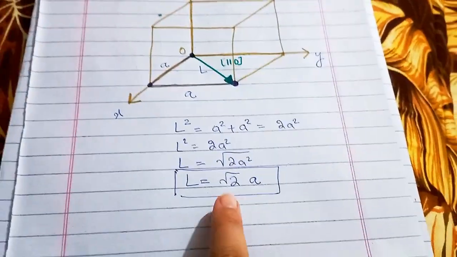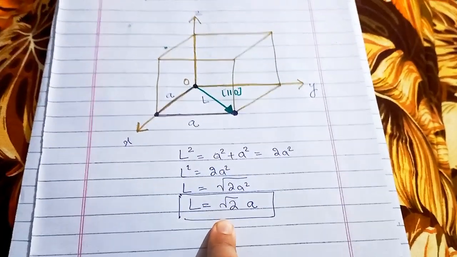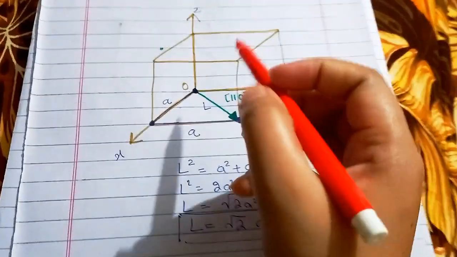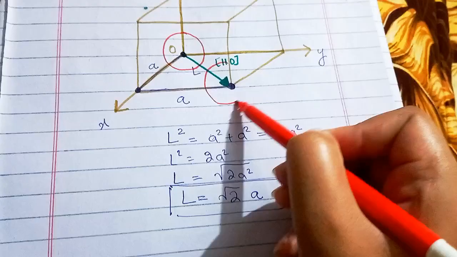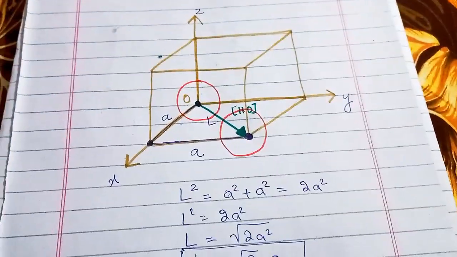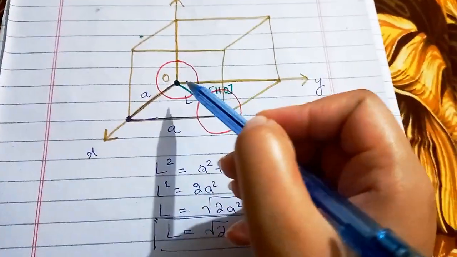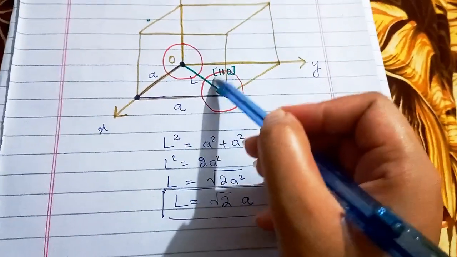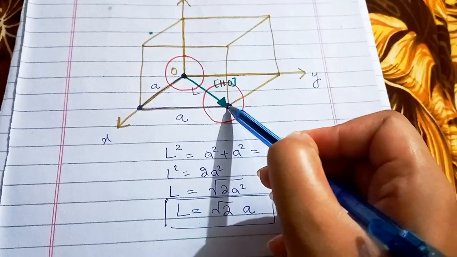Alright, in our case this is the length, and now let us calculate the net number of atoms lying on this line, and it's really easy. Let us draw the atoms. There is one atom here and there is one atom here. Let me recall that for all the corner atoms, the atoms at the corner of the unit cell, the center of the atom is at the corner point.